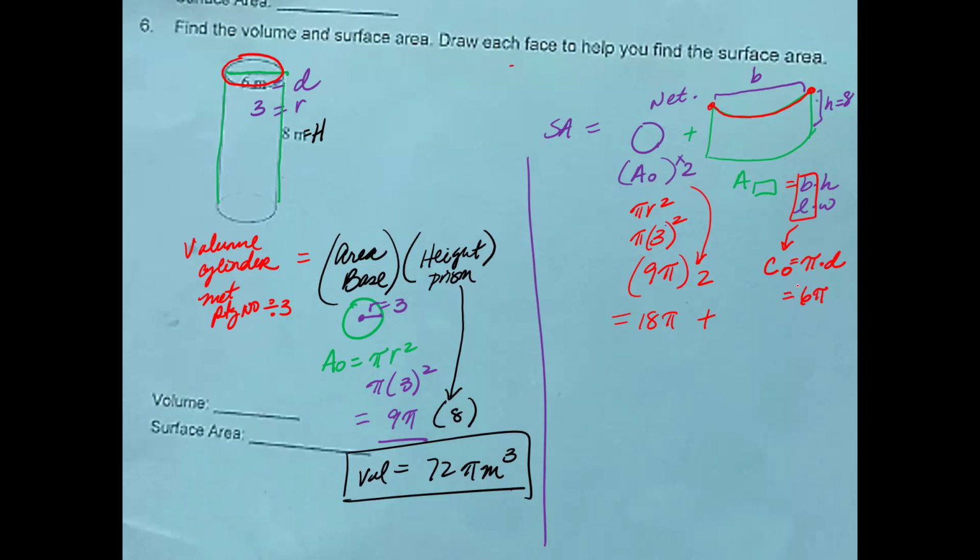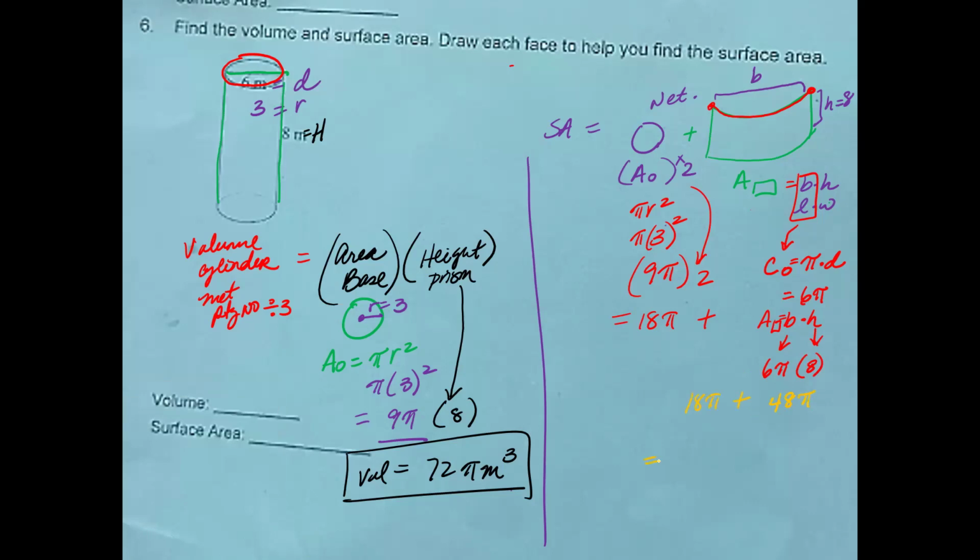Okay, 6 pi times, remember, area of a rectangle is base times height. That is 6 pi. What's your height? My height is 8. So what's 6 times 8? 48 pi.